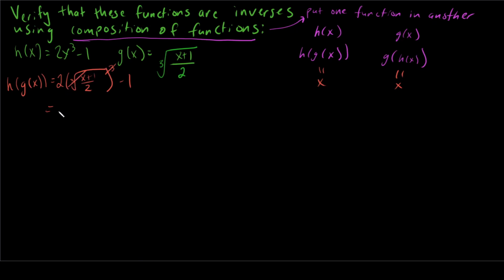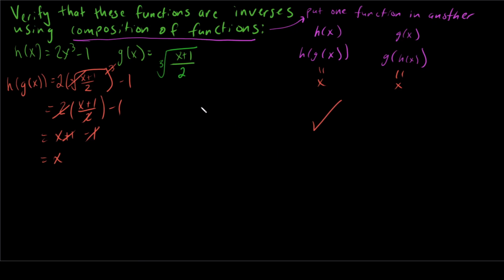So these simplify. We get 2 times x plus 1 over 2 minus 1. And then these simplify. So we get x plus 1 minus 1. These simplify to 0. So we're just left with x. So that is h of g of x, and it's equal to x. So this is good.